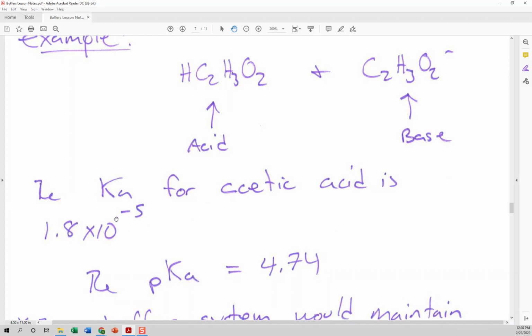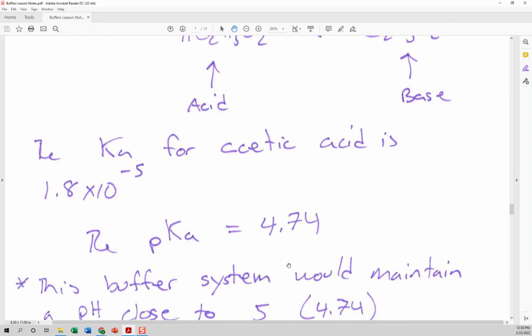if you take the negative log of that, which is the pKa, that'll tell you the pH that this buffer system will stay close to. So the negative log of 1.8 times 10 to the negative 5 is 4.74. So if I have an acetic acid acetate buffer system, I'm going to be close to a pH of 4.74. Okay?